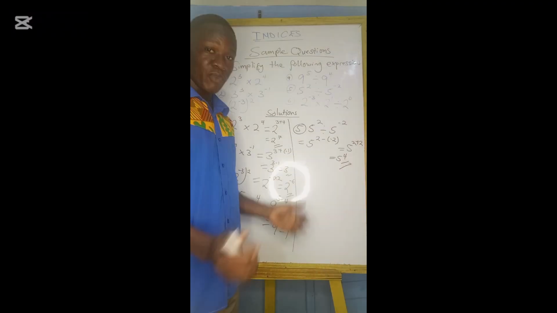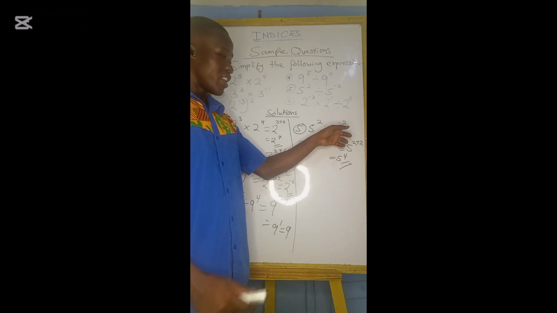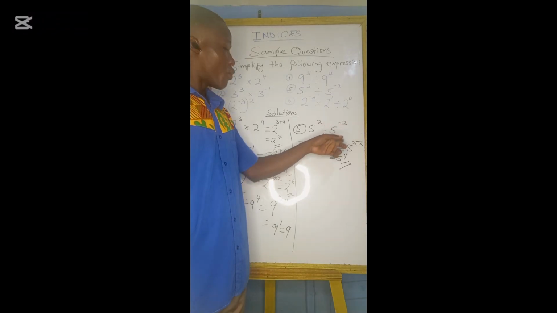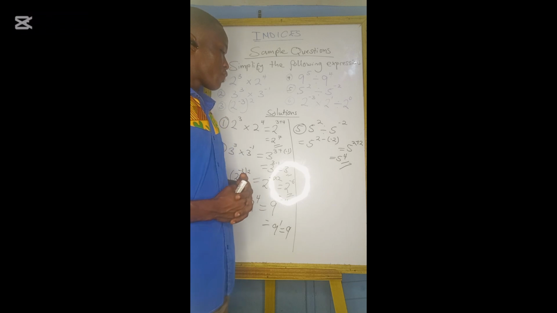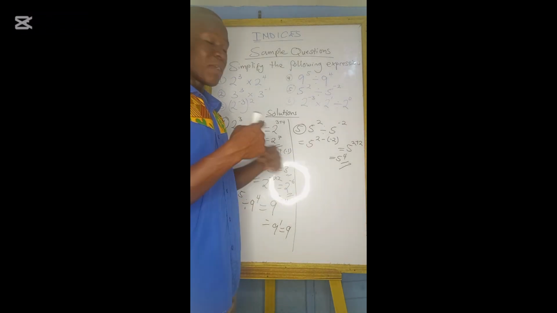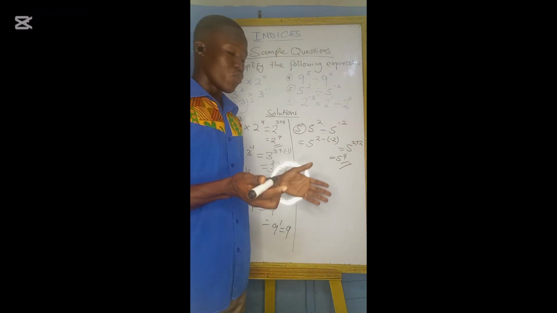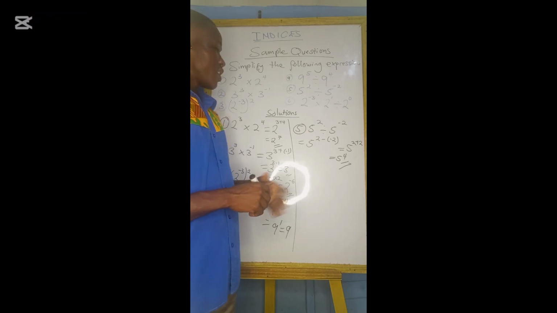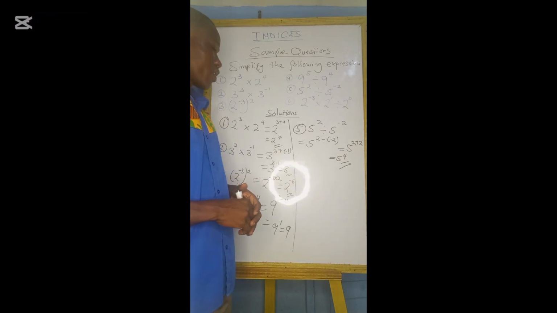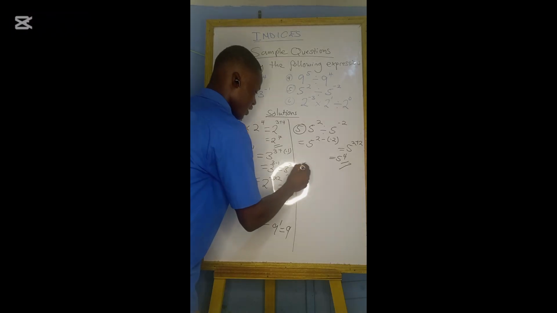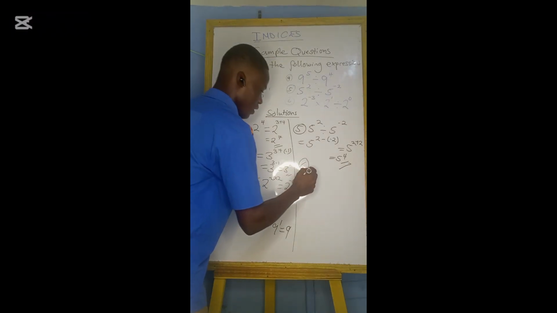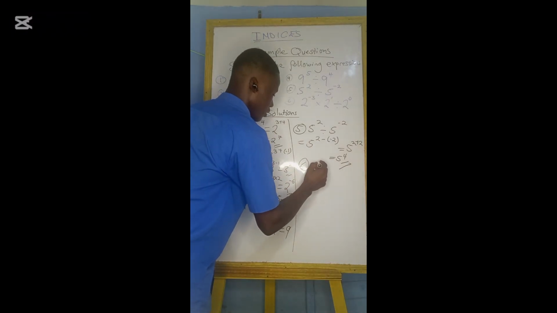We were supposed to subtract the exponent, but here, because of the negative 2, when we are subtracting, it will turn to positive, and that is why we got 4. You might be thinking we have 5 raised to the power 0, but here, because of the negative sign, it has turned to 5 raised to the power 4.